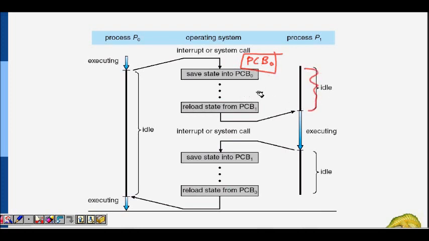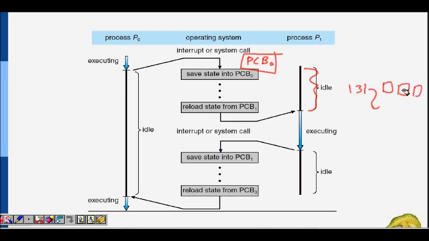Now it becomes idle for some time, the context switch is there, then you reload whatever was there in process control block 1. So now I remember that for process 1 I had executed till line number 131. So I will start executing from here.